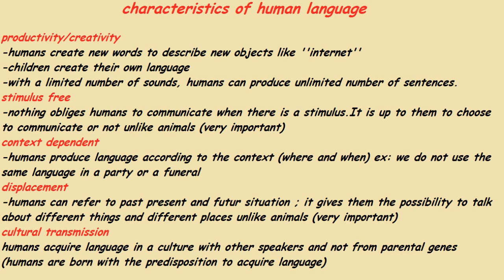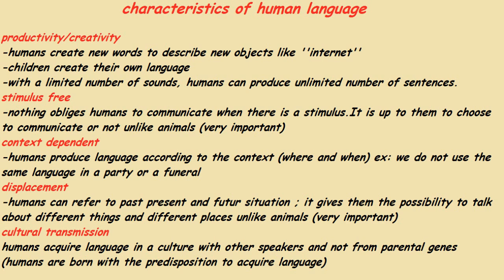There is a stimulus, I am hungry, but I don't say it. I just keep it to myself. When I go home, I can eat and satisfy the hunger. This is the difference. Animals, when there is a stimulus, they have to communicate. Otherwise, they're not animals. But with humans, whenever there is a stimulus, we can choose not to communicate. This is the second characteristic.